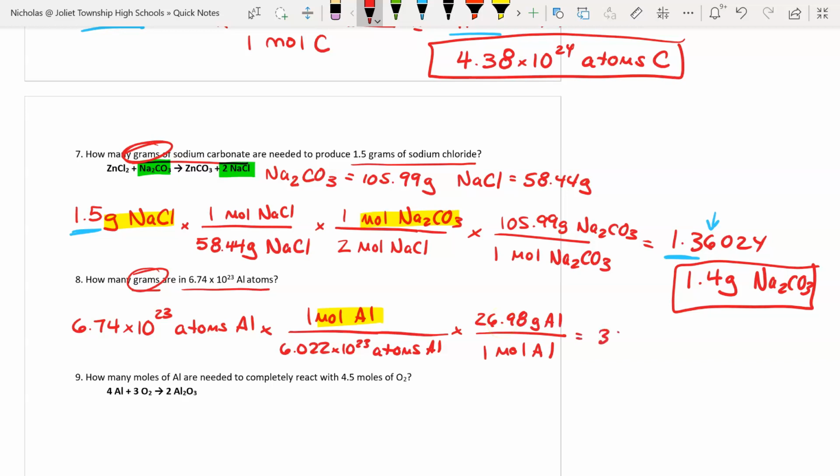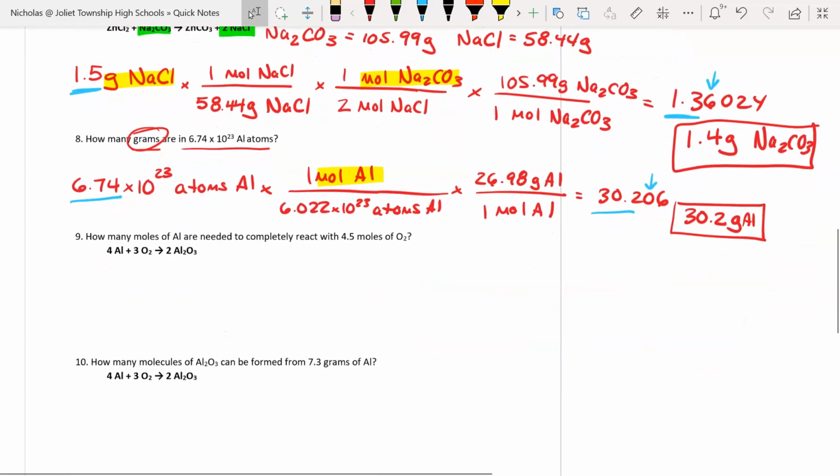And this is going to be 30.206. And in the question, we're given 3 significant figures. So we're going to look at the first 3 digits and then look at the fourth. So this will just be 30.2 grams of aluminum.